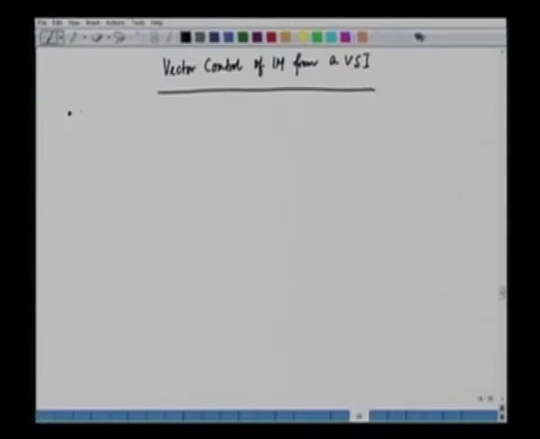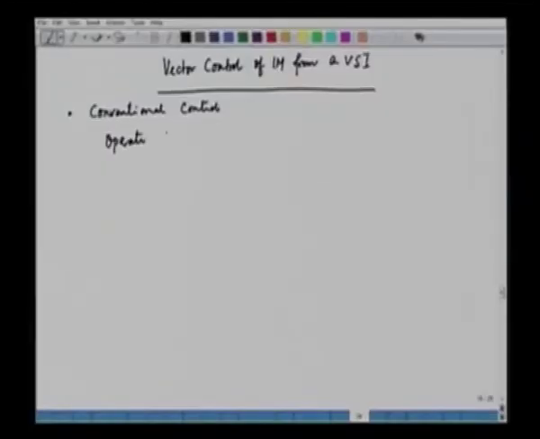Okay. So, what is the conventional practice? Conventional control is operating the voltage source inverter in current control mode. And one of the ways to have current control is the hysteresis current control, that we have already seen, that we have a reference current, and we can track the reference current within a band.